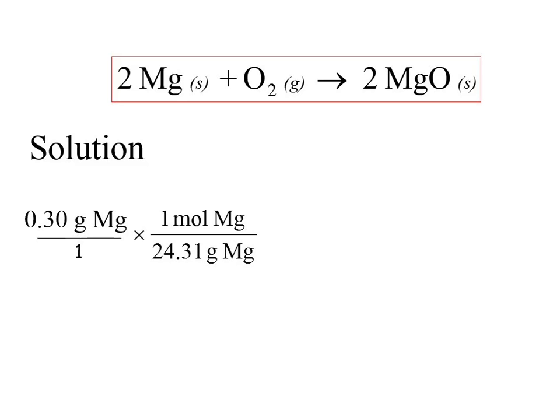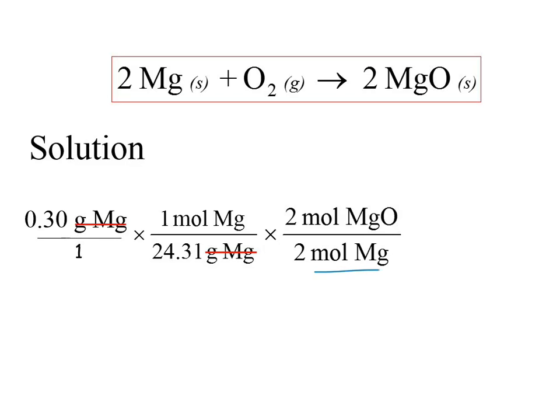We want units of moles of magnesium on the bottom, and moles of magnesium oxide on the top. Sometimes I will write the units and then go up in the balanced equation and find the stoichiometric coefficients. All right, so moles of magnesium cancel. We're left with moles of magnesium oxide.